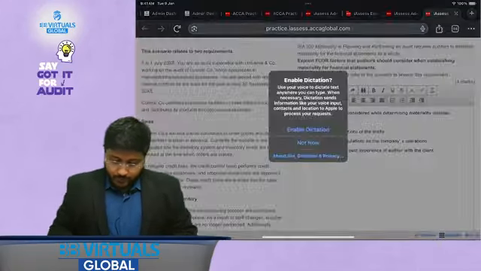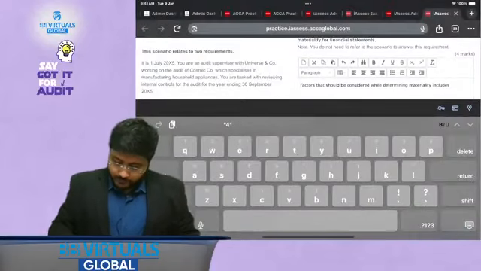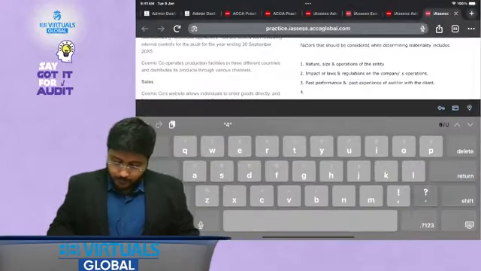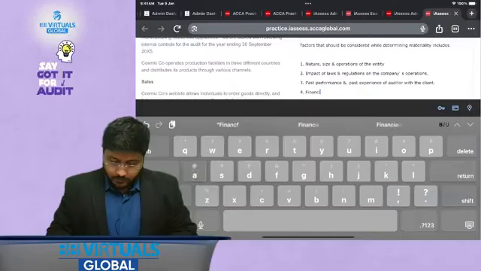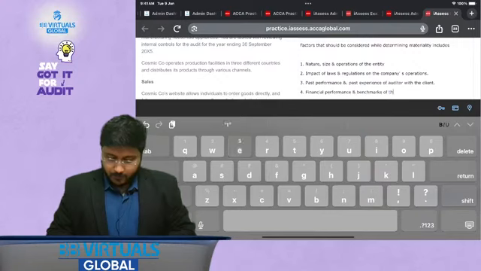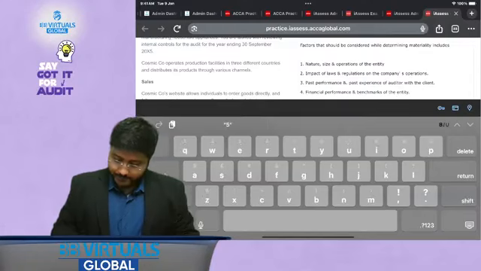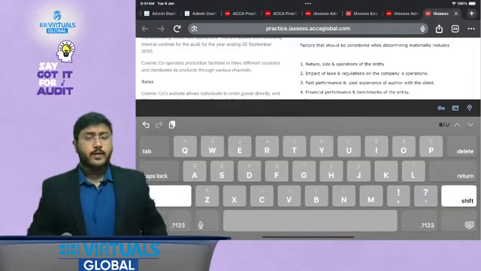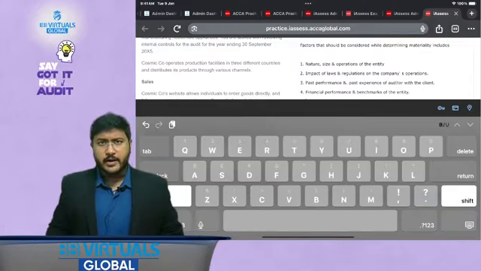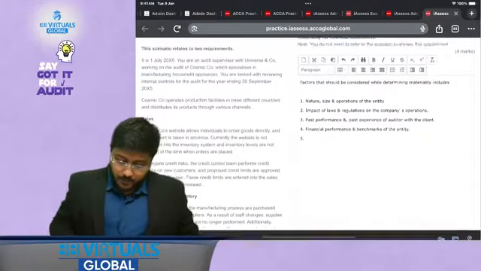Then the fourth one is very important over here. Okay, the fourth one is the financial performance and benchmarks of the entity. For example, an entity with higher profit will have higher materiality, if the profitability is the basis for materiality, and vice versa, right?